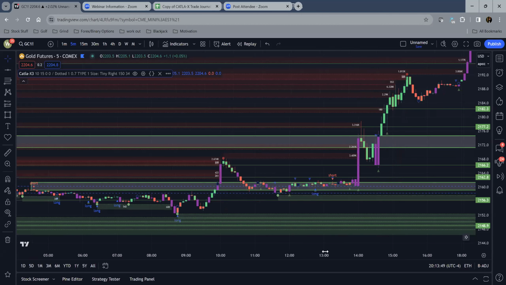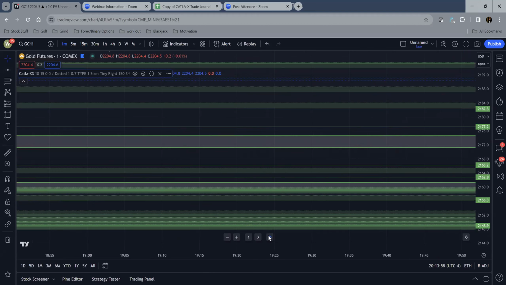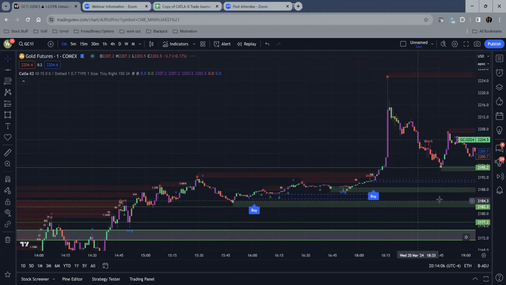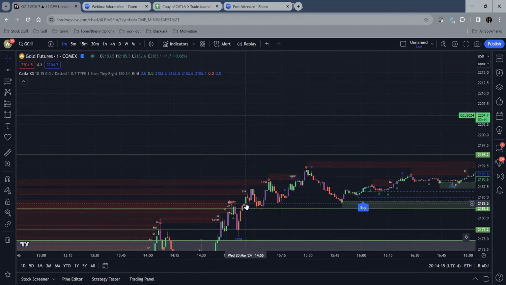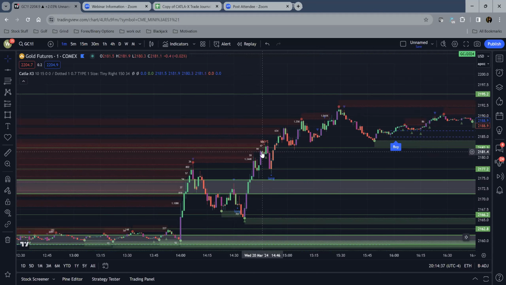So 2183 is trader number two. All right, so roughly right here.